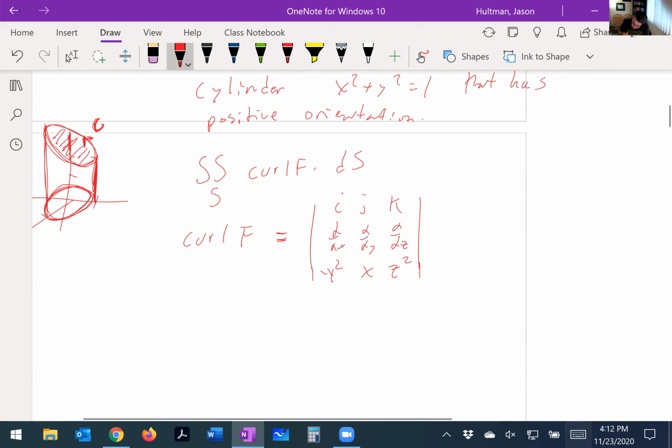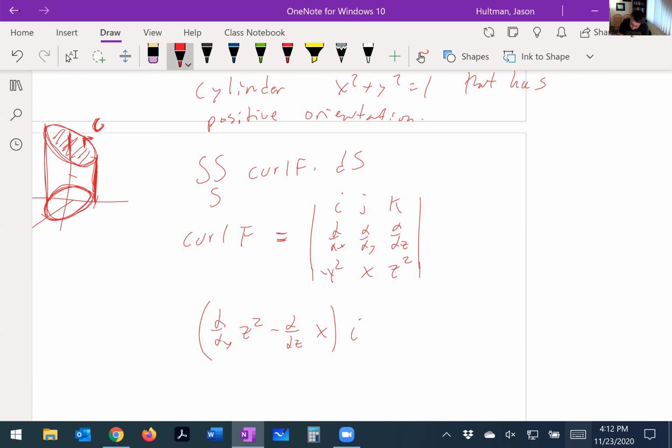So cross off the first row, first column, and we get d/dy of z squared minus d/dz of x, which is, I thought the whole thing is going to go to 0.